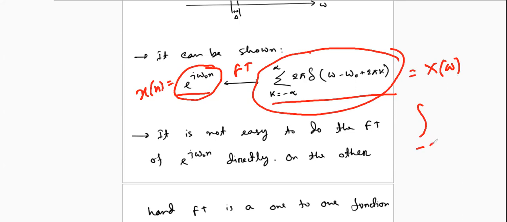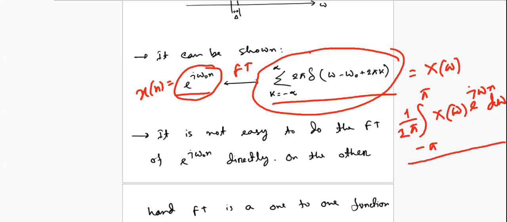What is this? This is your x omega, and we can do the inverse Fourier transform, from minus pi to pi, x omega e to the power j omega n d omega, and take the average of that. We can do the inverse discrete-time Fourier transform, and if we find that the result is equal to e to the power j omega 0 n, that is enough, or equivalent, to show that you have e to the power j omega 0 n, you have done the Fourier transform and got this result.